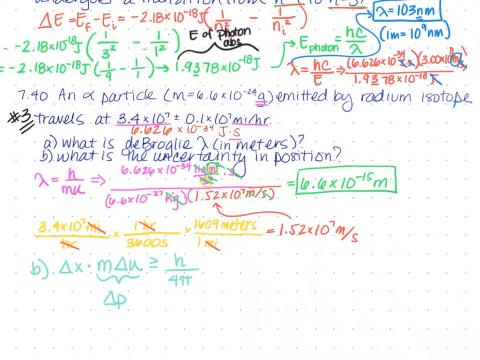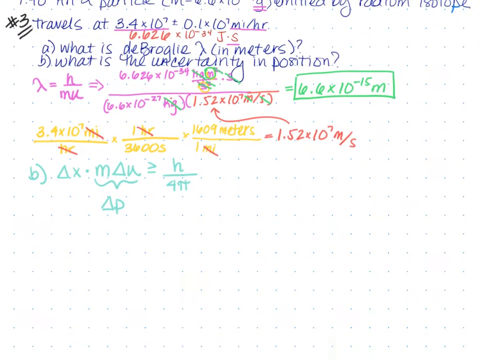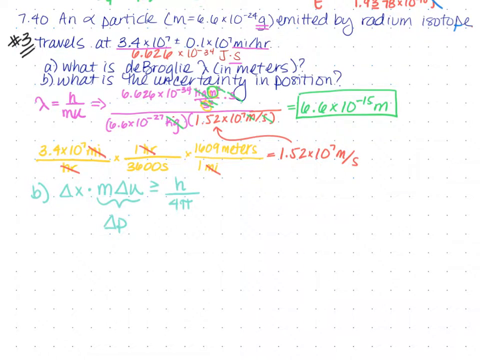So what we need to first calculate is the mass times the uncertainty in speed. Notice that in the problem it says the speed is 3.4 times 10 to the 7th plus or minus 0.1 times 10 to the 7th miles per hour.